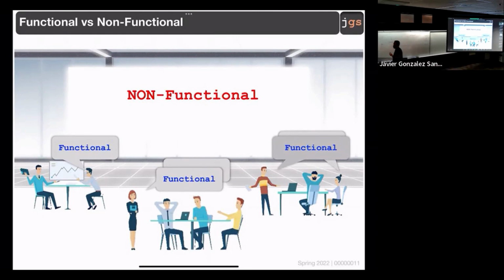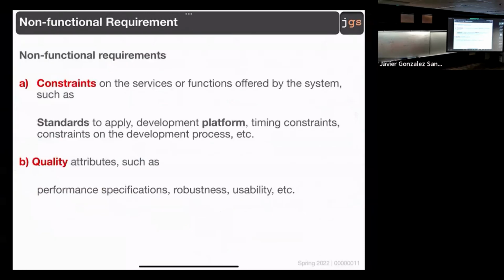More in detail, when we talk about these non-functionals, there are two things that are not functional. If you have a requirement, and again, the red letters, if that requirement is all about quality, which implies the adjectives that I mentioned before, or is about a limitation, something that the system should do or should not do, should allow or not allow.